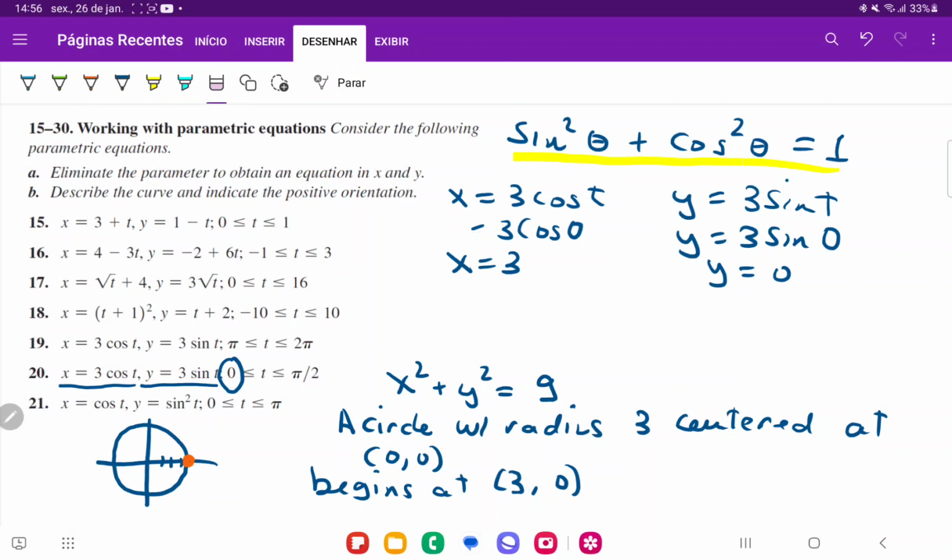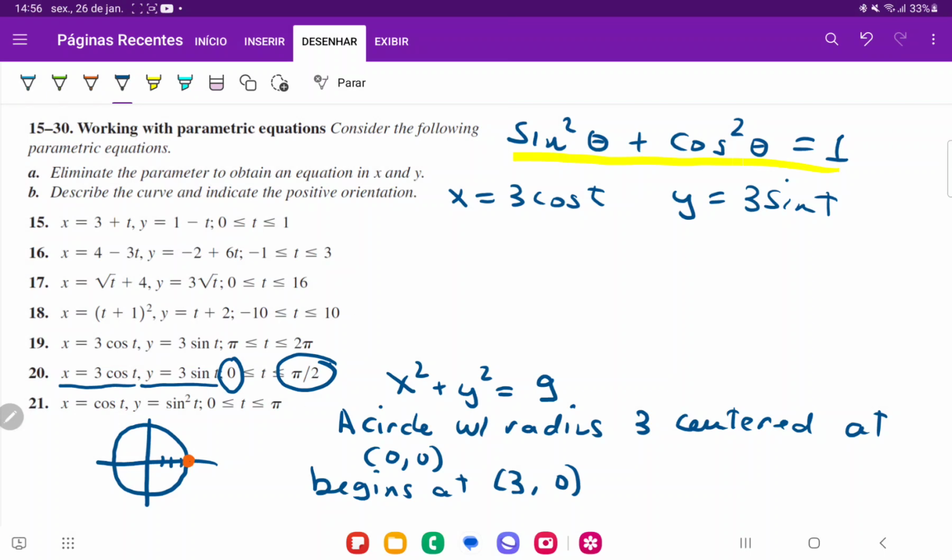And now let's just write where it ends. So we can see here that it ends at pi over 2. So let's plug the value of pi over 2 in the parameter for the x and y equations so that we can find the corresponding point.